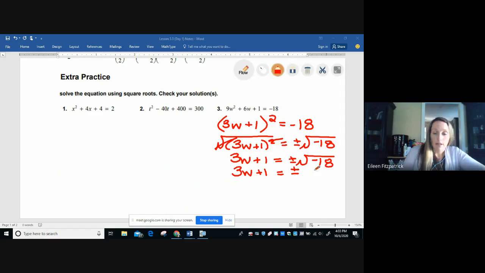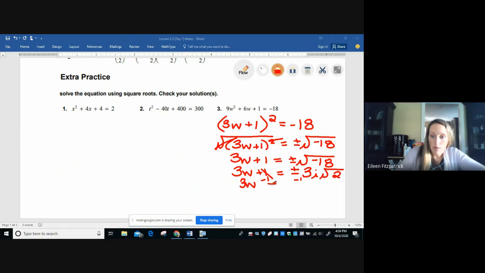There is a perfect factor of 9 in 18, right? 9 times 2. And it's a negative under the radical, so I know it's imaginary, so it's going to have an i. Remember, we learned this in the last lesson. So it's 3i root 2. Now I'm going to subtract 1 from both sides. So I have minus 1, minus 1.